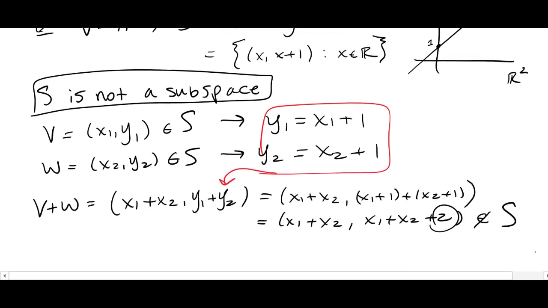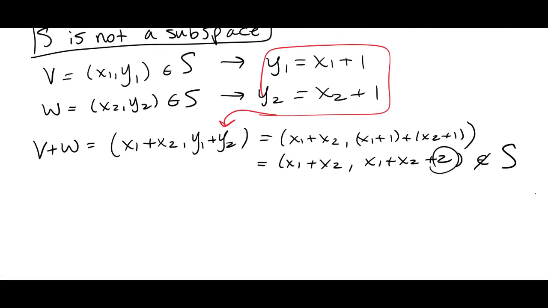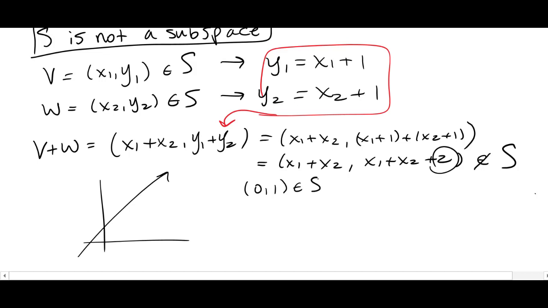So visually, we have our line here. For example, you could take 0, 1, that's in S, and 1, 2, that's in S. So I have this vector 0, 1, and I have this vector 1, 2.